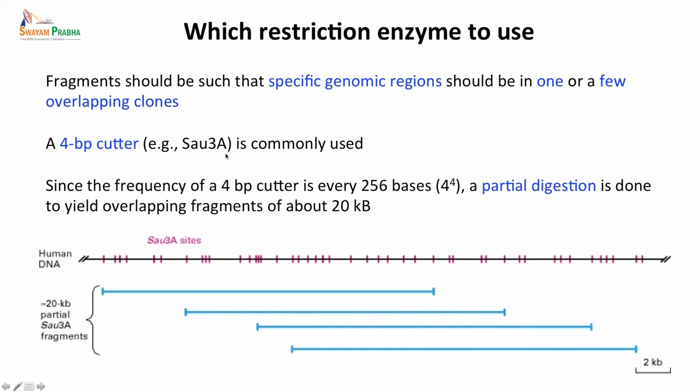The reason for choosing a 4-base pair cutter is as follows. We know that the frequency of a 4-base pair cutter site is every 256 bases, assuming an equal distribution of nucleotides.